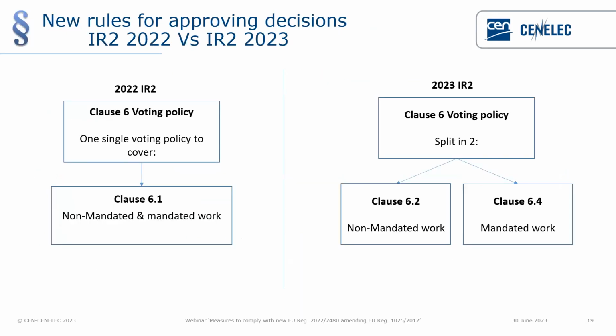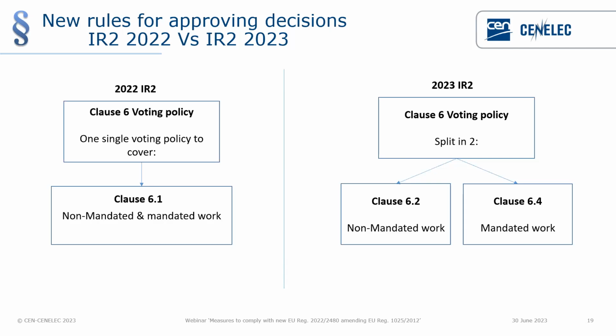So now to give you an idea of the main changes, if you compare the edition 2022 of Internal Regulation Part 2 and edition 2023. In 2022, under Clause 6 on the voting policy, there was only one single voting policy, covering both mandated and non-mandated work.